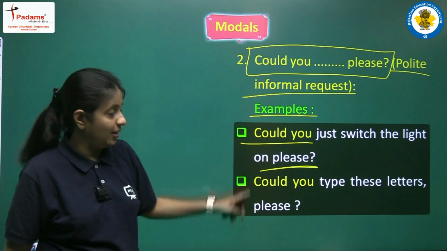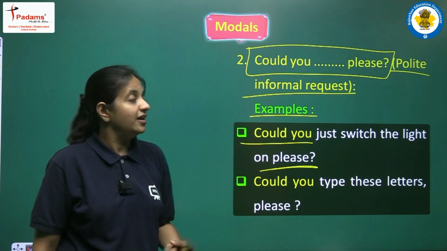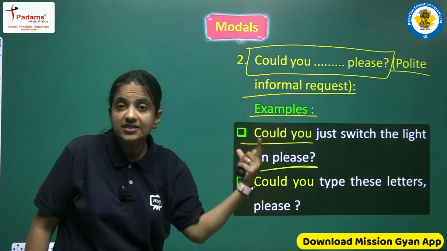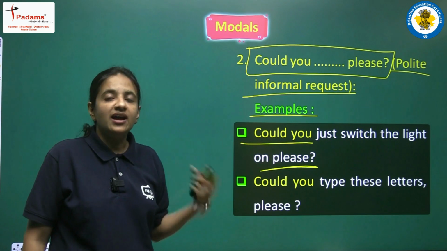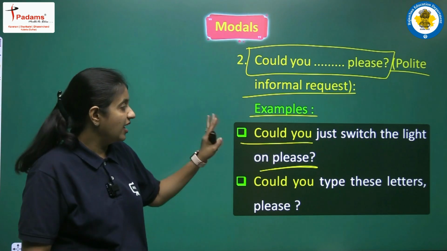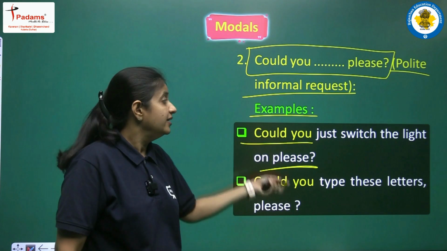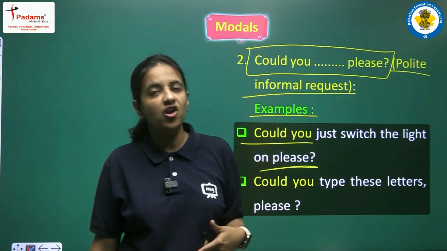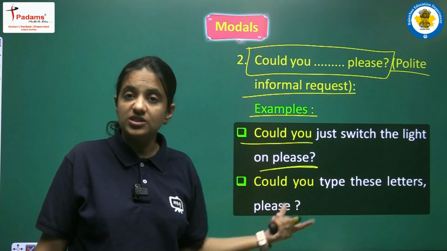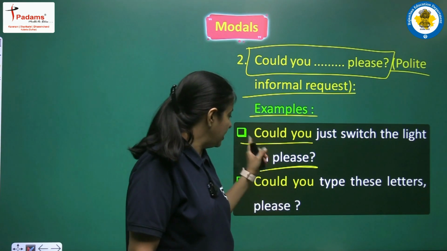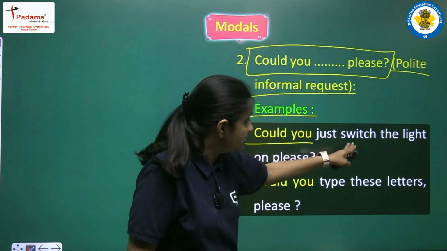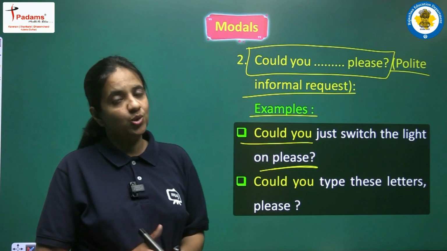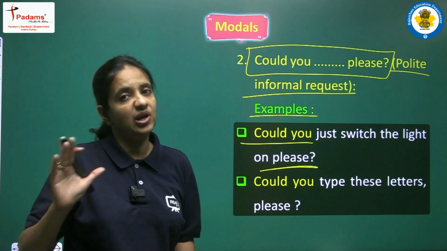With the help of this structure, we can say that here we are making one very polite and informal request. In this sentence we are actually requesting someone, and we are saying in a very polite manner that please switch the light on. This is the pattern that we can use in our sentence. So we can make a sentence like this: could you just switch the light on please? But actually this is a very polite informal request.